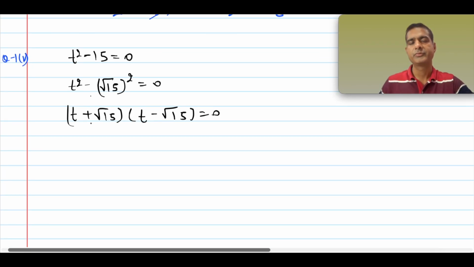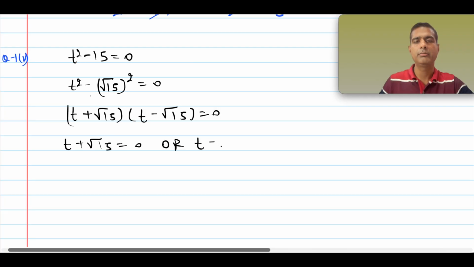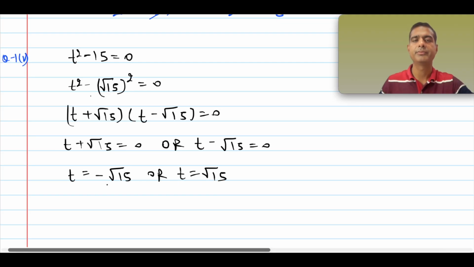Again, product of two numbers is 0, so I can say t plus root 15 is equal to 0 or t minus root 15 is equal to 0. So from here I can say t is equal to minus root 15 or t is equal to root 15. So we got the two roots as negative root 15 and root 15.